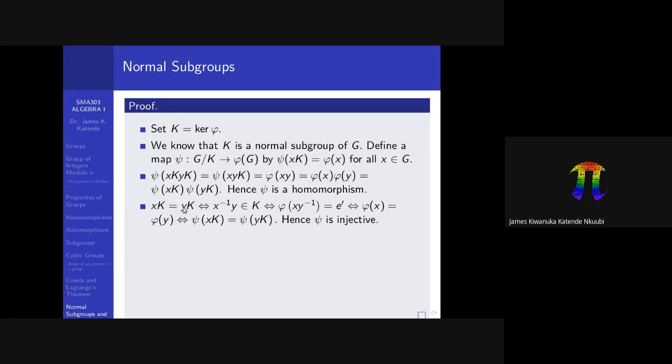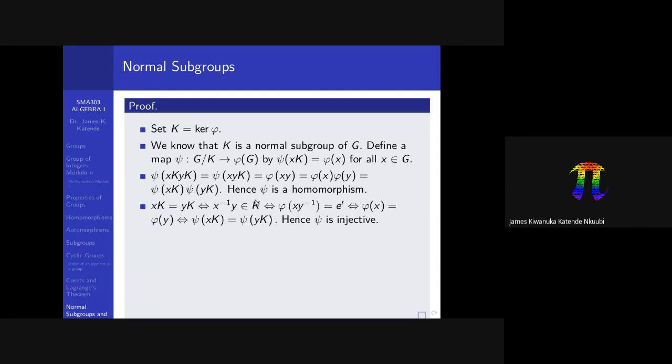Remember, we talked about the equivalence classes when we defined an equivalence relation whose equivalence classes were the left cosets, and we saw that if any two left cosets are equal, it means they're in the same equivalence class. This x and y must be in the same equivalence class, and they must satisfy this condition.